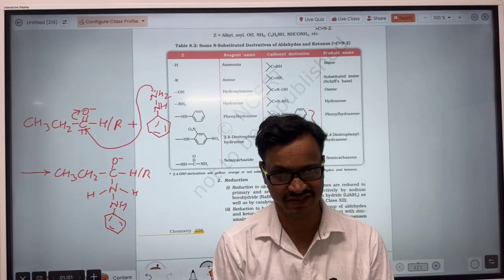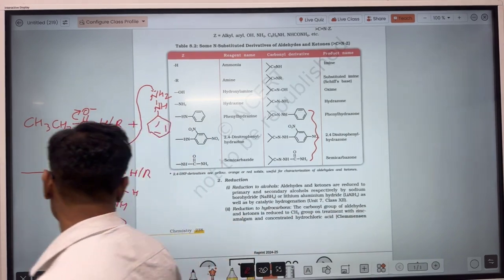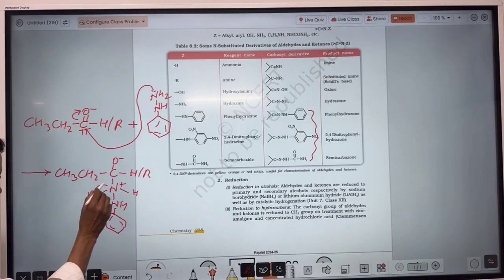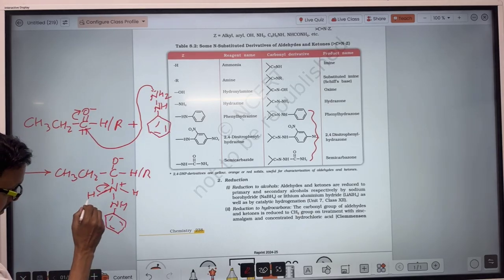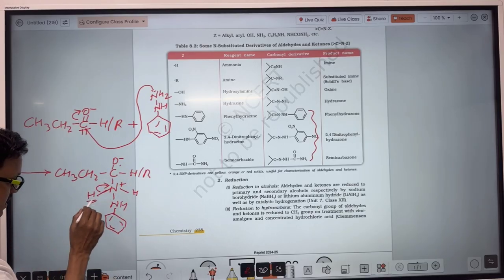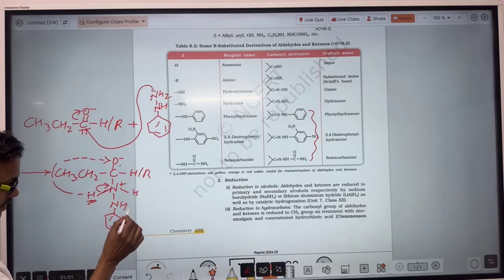So the positive charge of the carbon will disappear, but there is a positive charge at the nitrogen. To neutralize this positive charge, nitrogen will attract one of the NH sigma electrons. These 2 electrons will get bonded here. So the H plus ion released will combine with this oxygen.